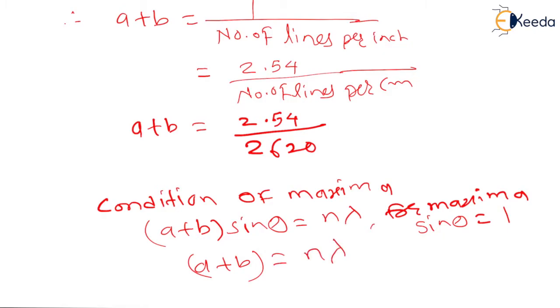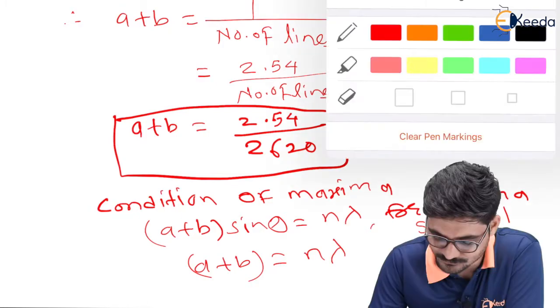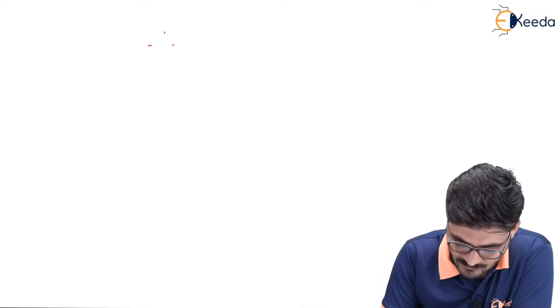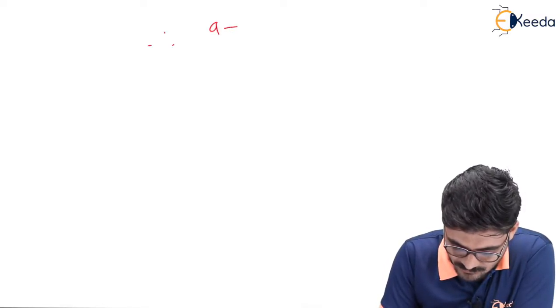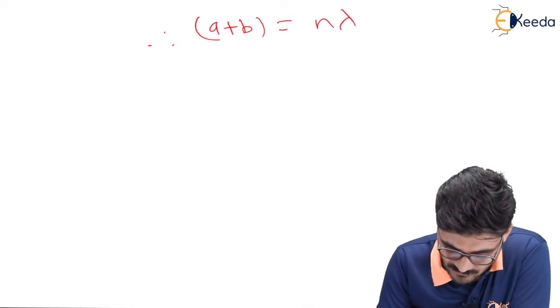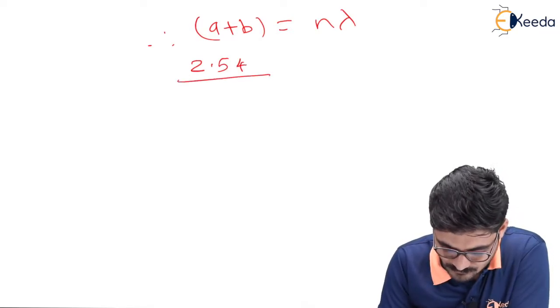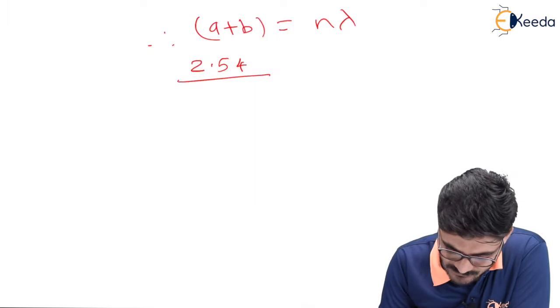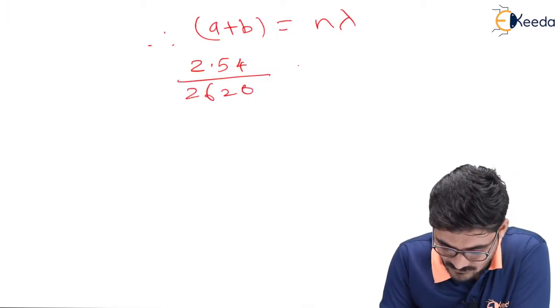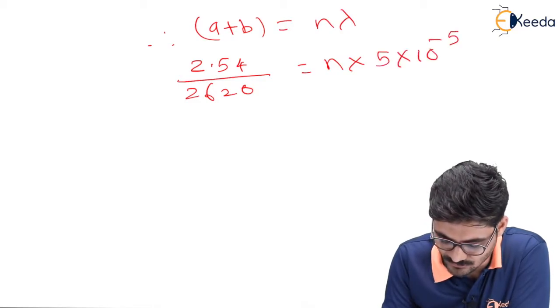Now a plus b is equal to n into lambda, and a plus b we already have; we will call it equation 1. So putting equation 1 in this, what we get? Therefore a plus b is equal to n lambda, sin theta is 1, and the value of a plus b is 2.54 upon 2620, and that is equal to n into wavelength, which was 5 into 10 raised to minus 5.